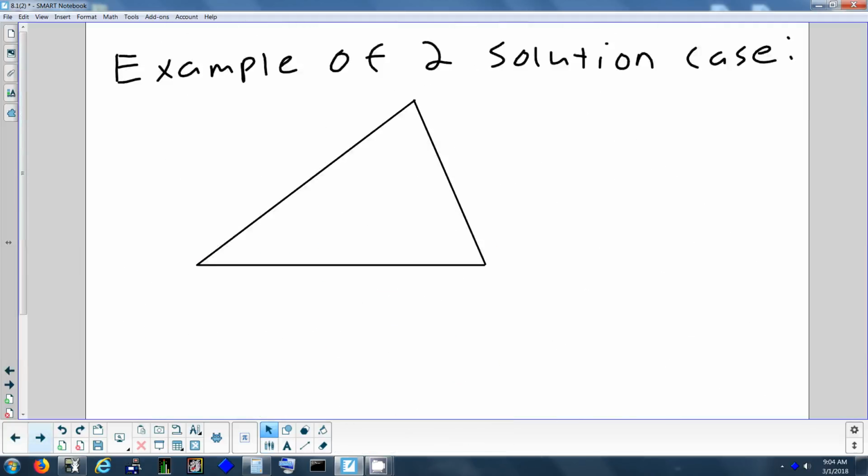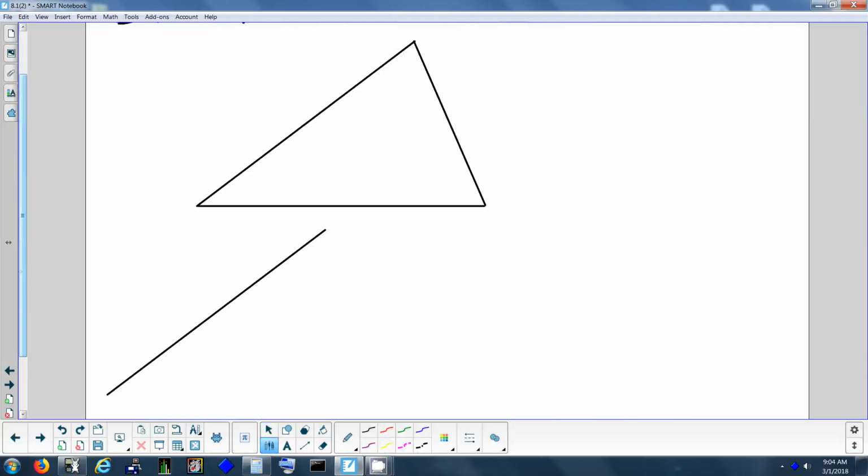So I'm going to start with this triangle. And what I'm going to do first is just make a copy of that side. Now, by doing that, does everybody agree that that side is the same as that side? Okay, so those are the same.